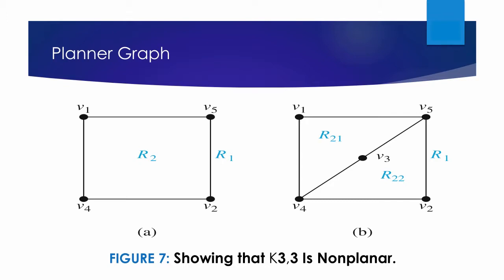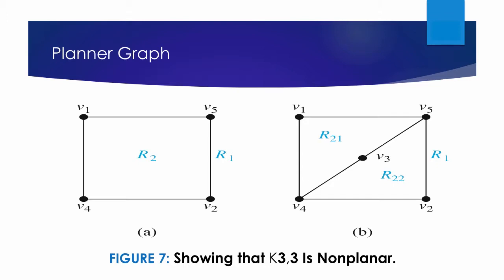The vertex V3 is in either R1 or R2. When V3 is in R2, the inside of the closed curve, the edges between V3 and V4 and between V3 and V5 separate R2 into two subregions, R21 and R22, as shown in figure 7b.